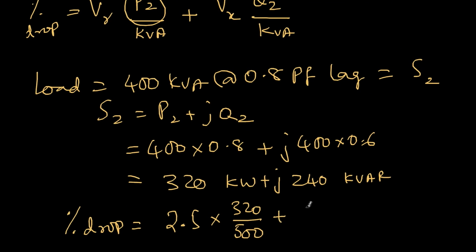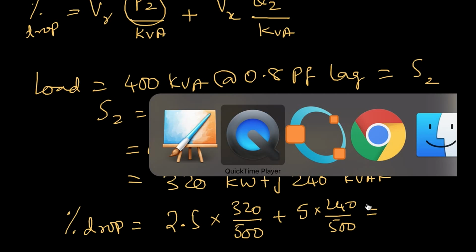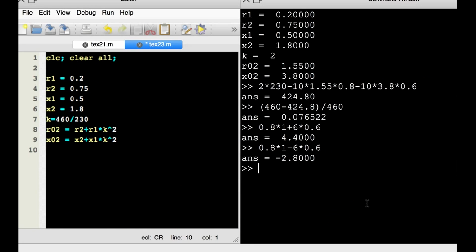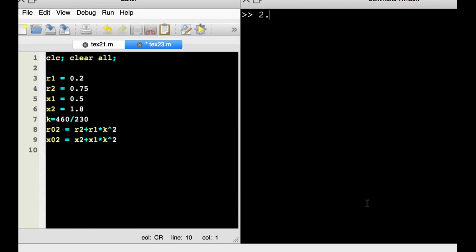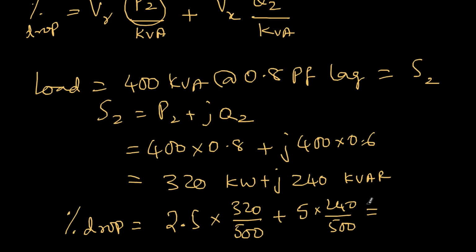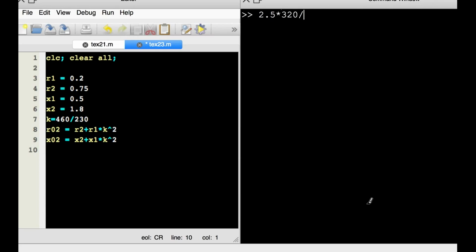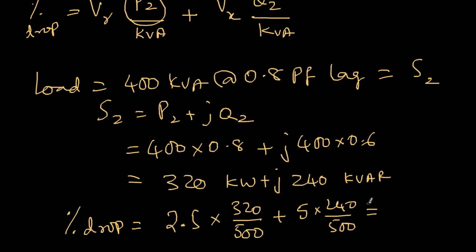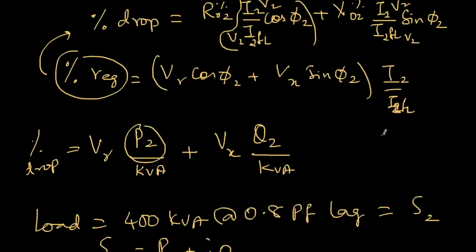Plus the 5% drop multiplied by 240 by 500. This total will be my answer. Let's calculate that: 2.5 multiplied by 320 divided by 500, plus 5 multiplied by 240 divided by 500. I am getting 4, so the voltage drop will be 4%. This is the solution for this question.